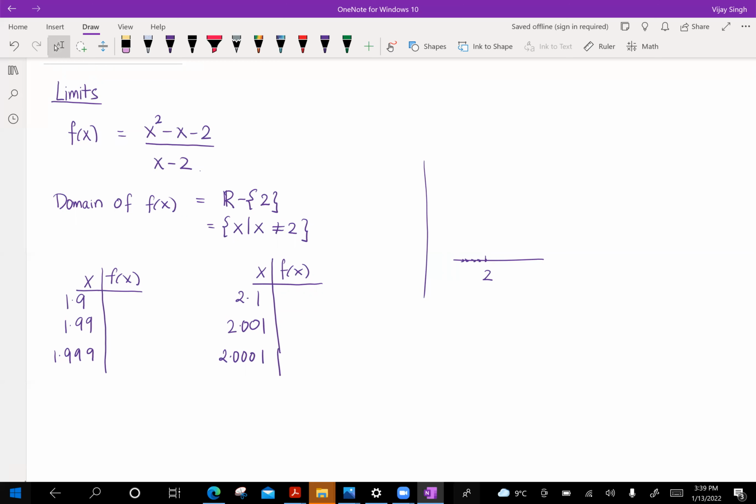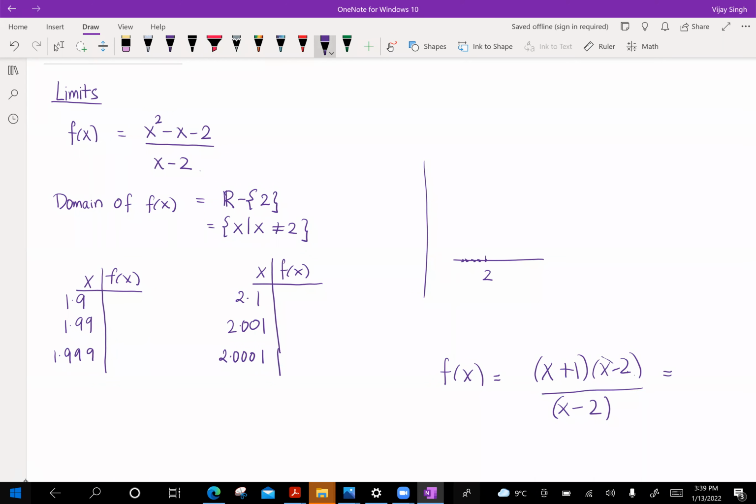Or I can note the following, that my f of x actually, if I factorize it, is x plus 1 times x minus 2 divided by x minus 2. So as long as x is not 2, I can cancel this.